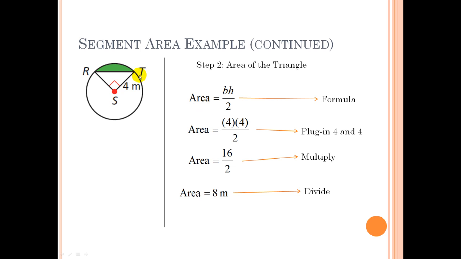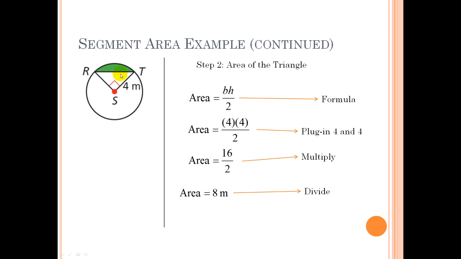Since it's a right triangle, RS and ST are the two legs, the base and height, if you look at it sideways. They're both 4. So my base and height are both 4. 4 times 4 divided by 2. 16 divided by 2 is 8. So I have an area of that triangle of 8 meters squared.